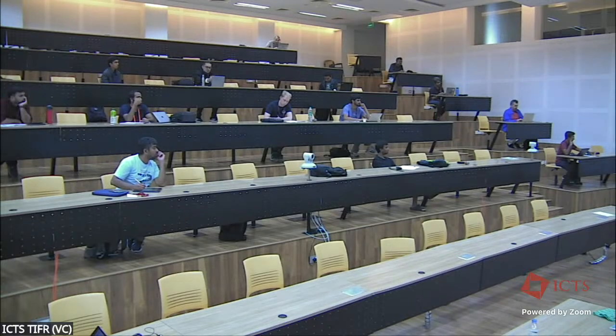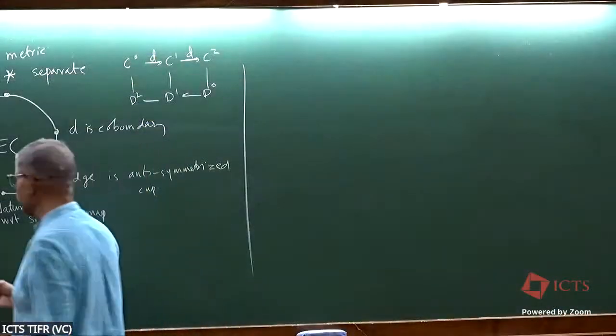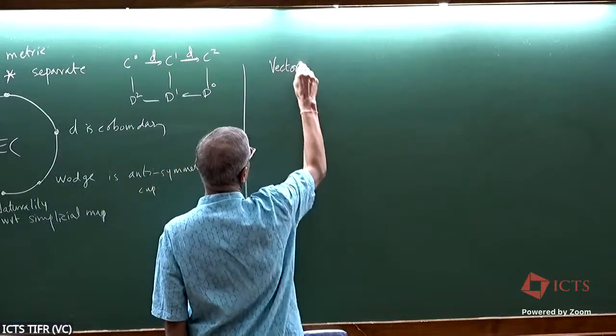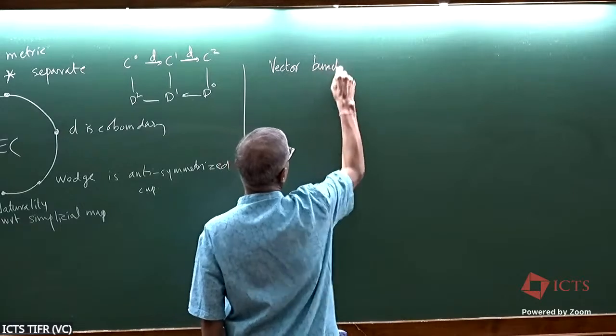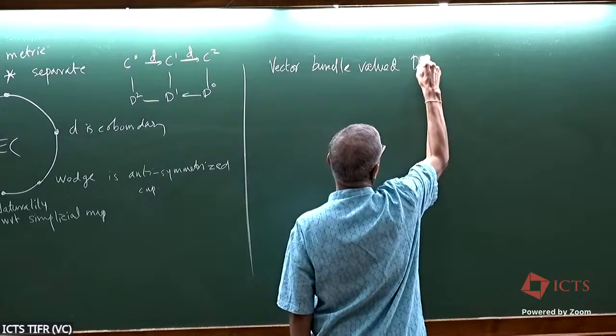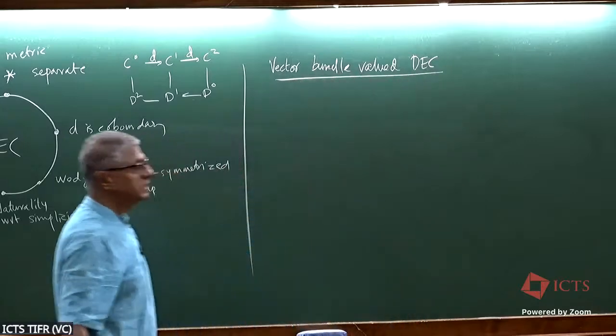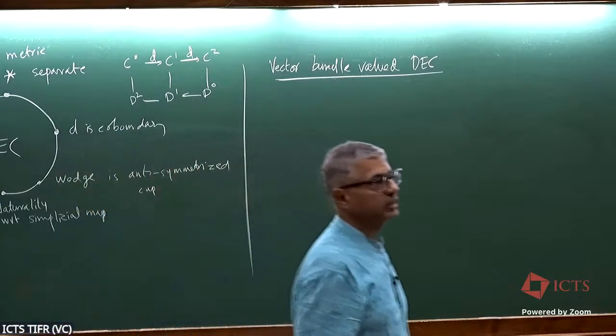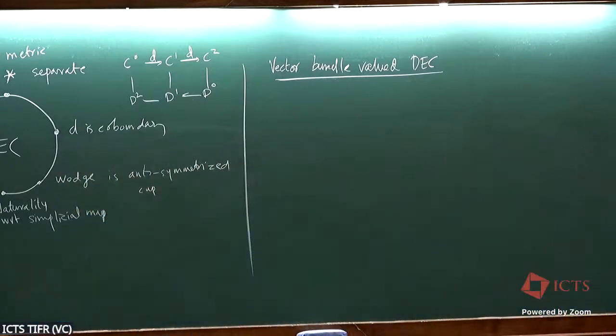So these for us are essential features of, if you want to call something DEC. So now let's talk about vector bundle valued DEC. So this is relatively, I mean, it's definitely newer. And it's not well tested in code because we haven't programmed it.